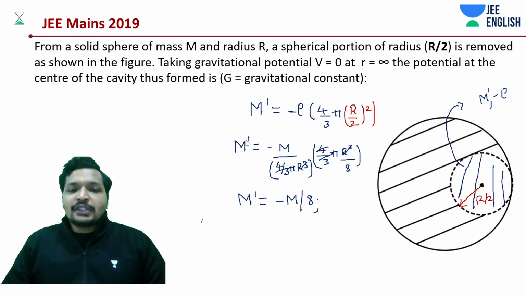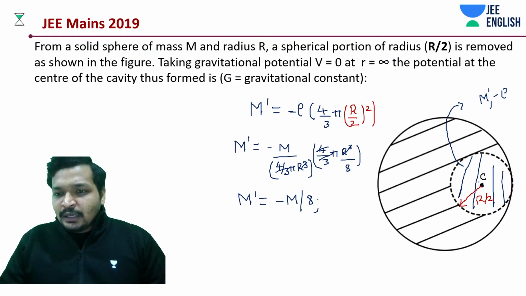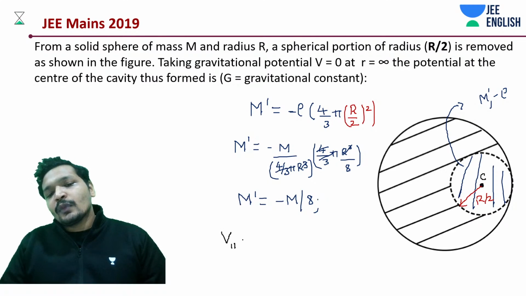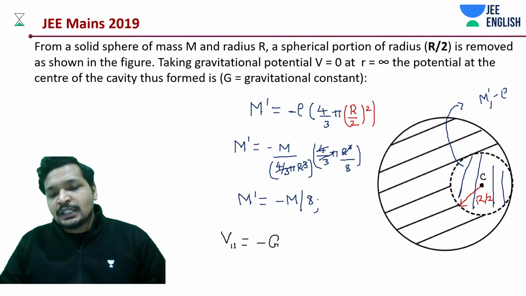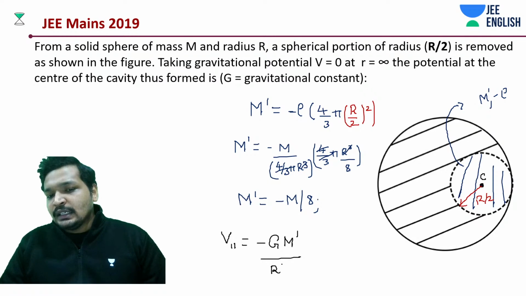Let me now ask you the question. If you remember that equation, what do we do? Minus G m dash divided by some r dash in this case, into 1.5 times.